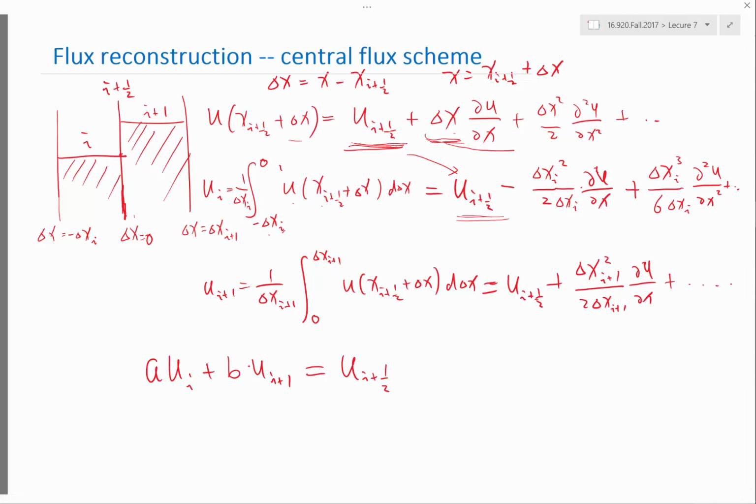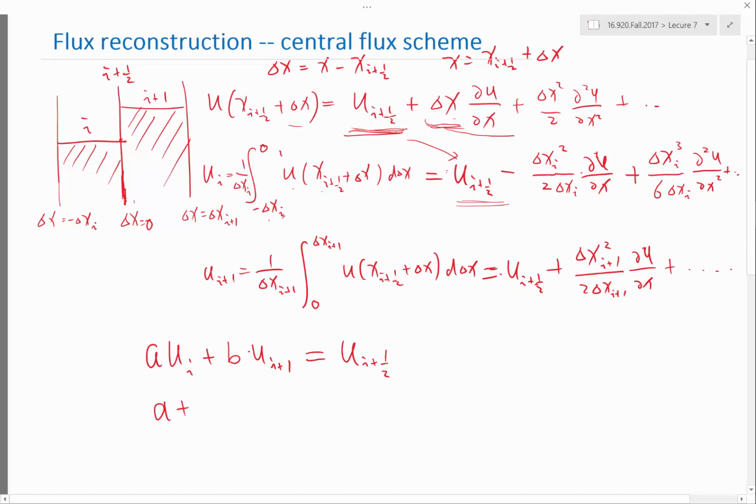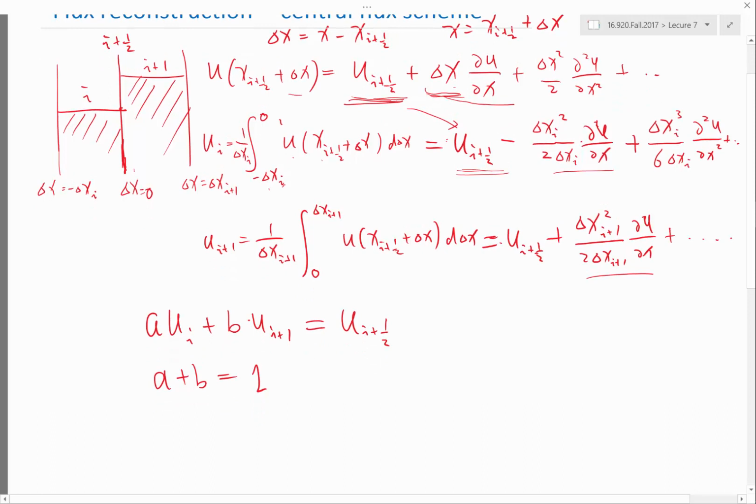So in order for me to do that, I want a times this plus b times this to be exactly equal to 1. So a plus b has to be equal to 1. And I also want this and this to be equal to 0, to cancel as many terms as possible. So I have a times delta xi minus plus b times delta xi plus 1 equal to 0. And the quadratic term we have no way to cancel, right?